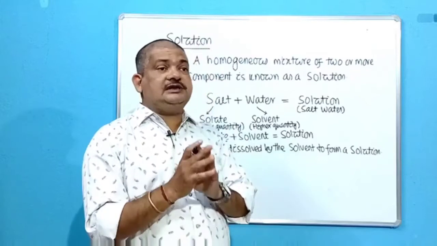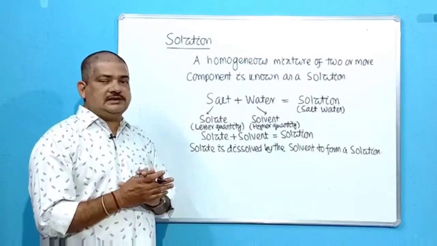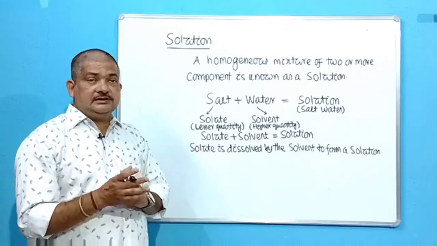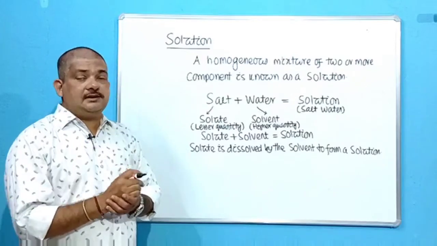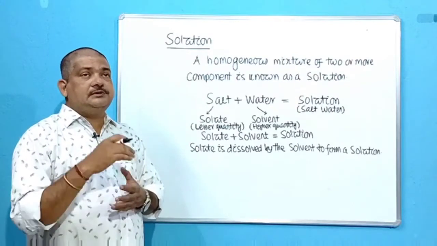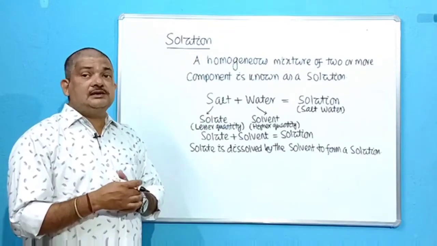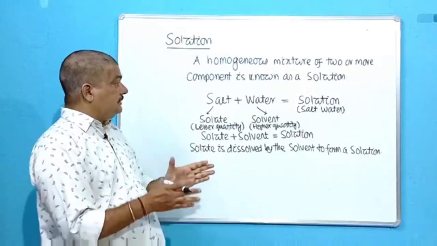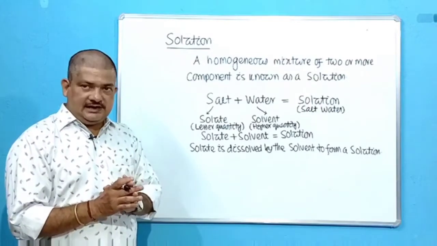So there is a limit to which the solute can be dissolved in a solvent. That is called the solubility. Solubility is the limit to which a solute can be dissolved in a solvent. It is the mass in grams of a solute which can be dissolved in 100 grams of the solvent. That is called solubility.